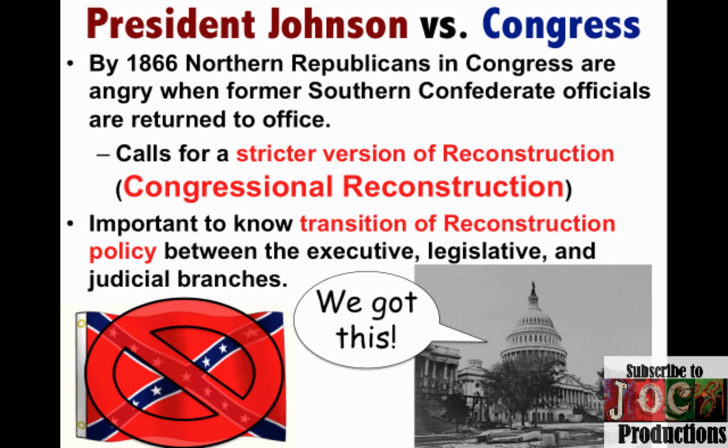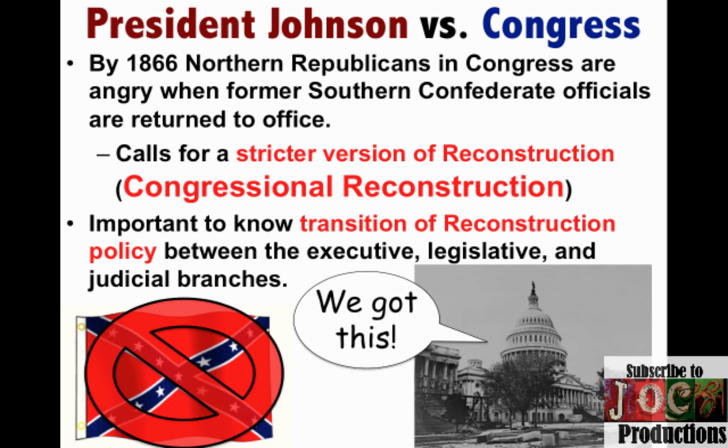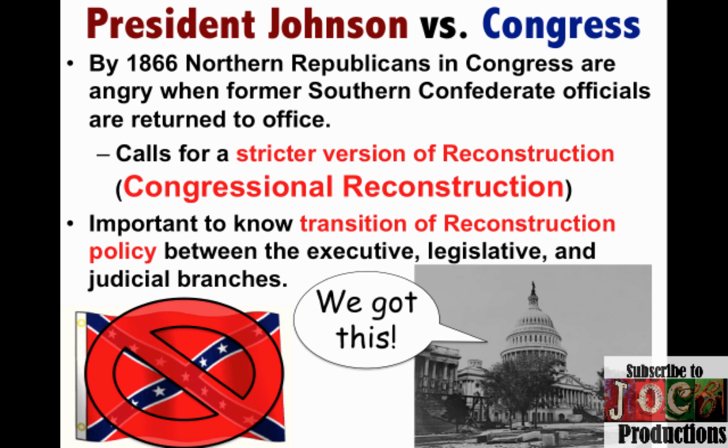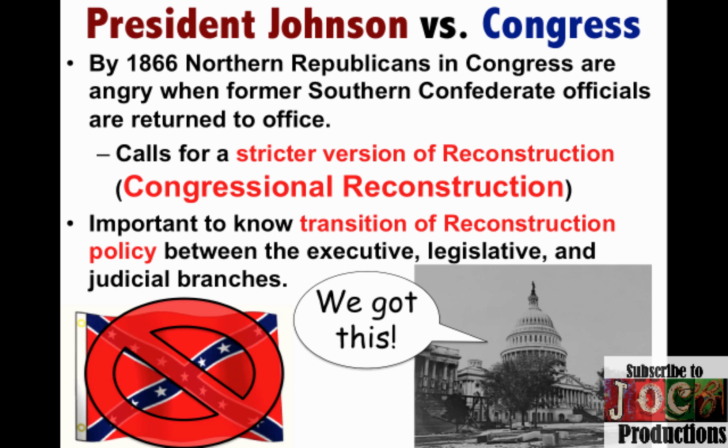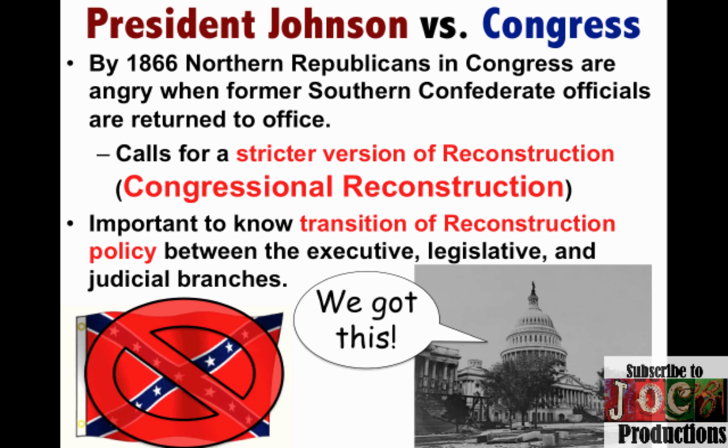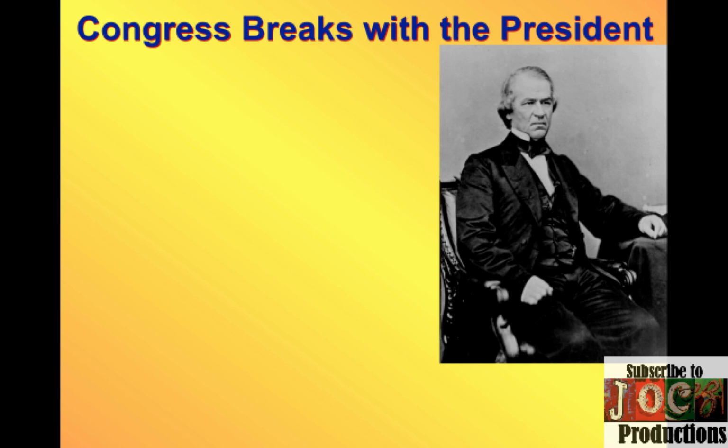And it is important for those of you studying for APUSH to know the transition of Reconstruction between Lincoln, President Johnson's in the executive, legislative, and the judicial branches. And Congress breaks with the president and begins to take over Reconstruction when a couple of things happen.